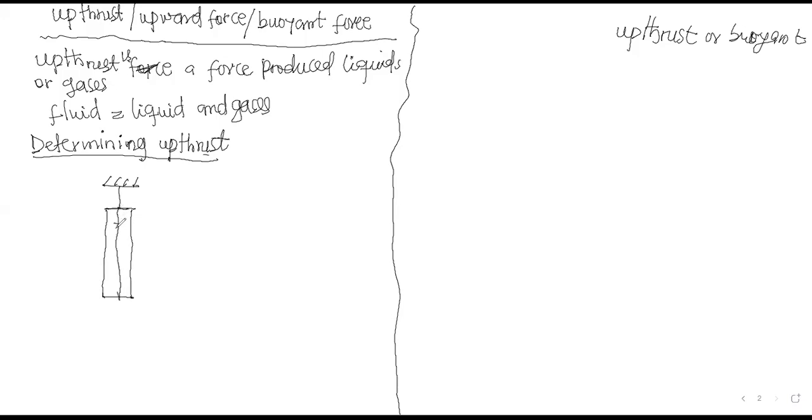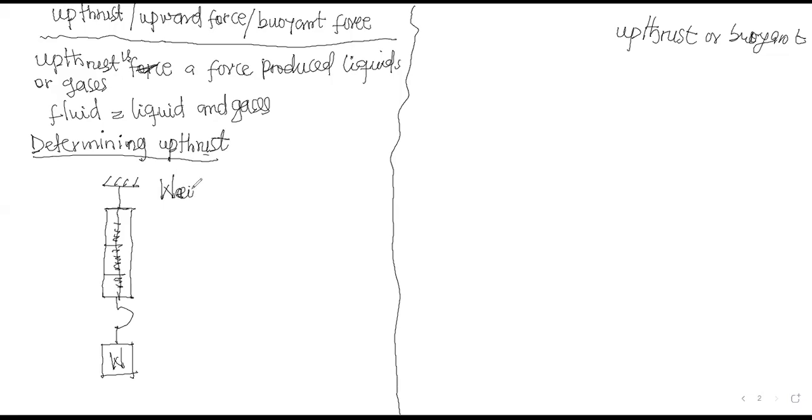So we have this as a spring balance. An object is suspended on a spring balance. So this is the weight of the object. Its weight in air is actually the real weight.